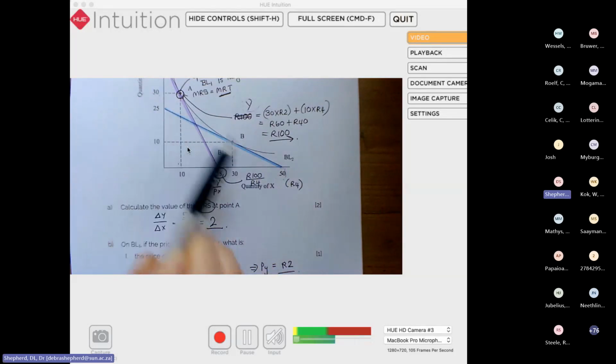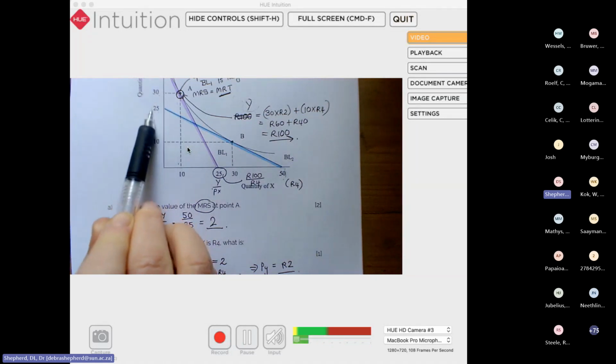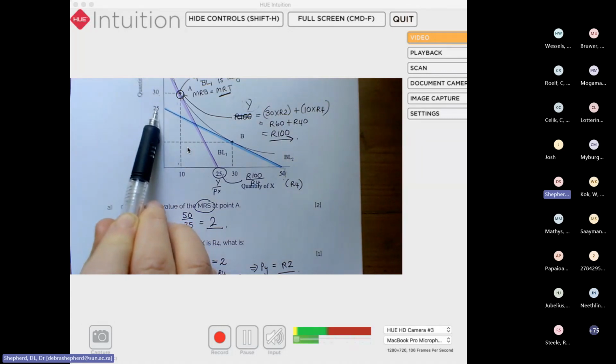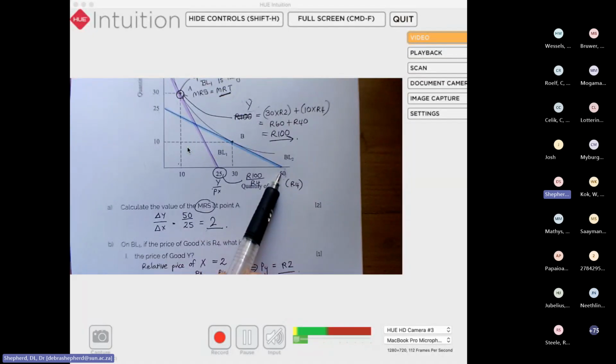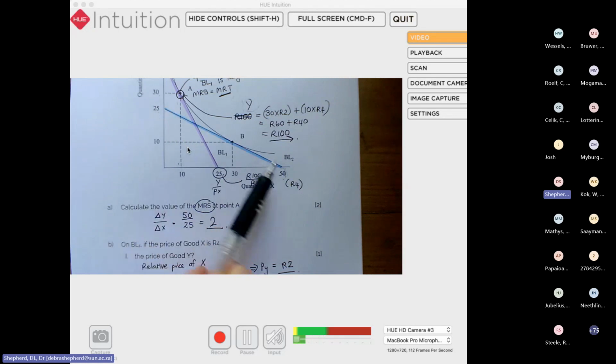Okay, so these two intercepts tell me if I spend all my income, this is how much X I could buy, and this is how much Y I could buy. So if my income gets me 25 units of Y, but that same income gets me 50 units of X, what does that tell me about the price of Y relative to the price of X?